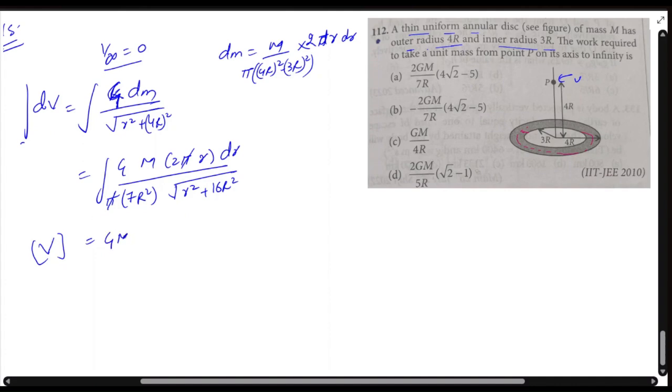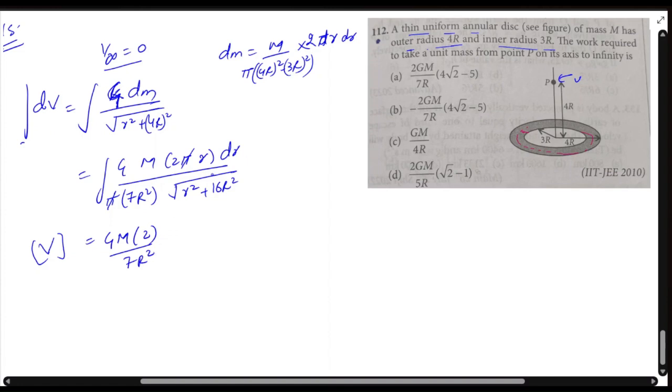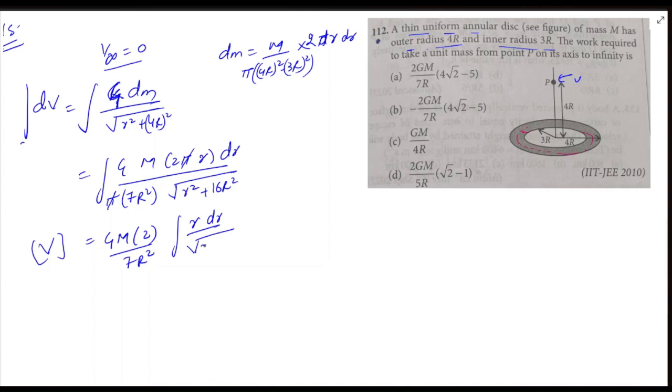So we have GM 2 upon 7R square, and this will be r dr upon root of r square plus 16 capital R square. Now if I say r square plus 16 capital R square equals t square, then 2r dr will be equal to 2t dt.